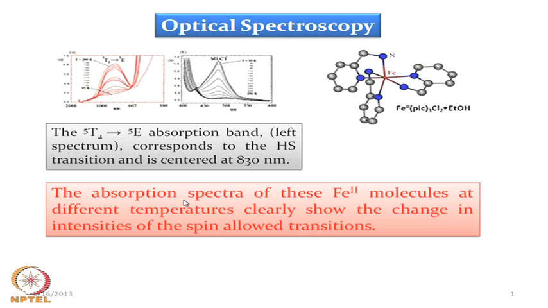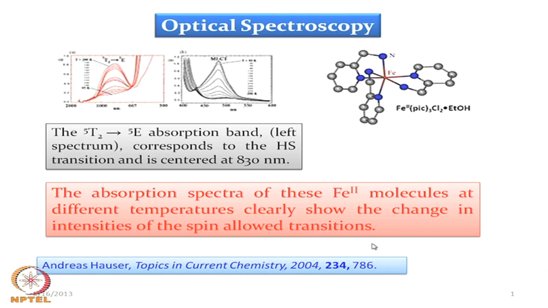That means in the high spin state, without any change in the spin state, this conversion can also take place. But if we have a change to the low spin compound, then the band position for the characteristic high spin signature will also be decreasing with the change in temperature. This particular work has been cited in a Topics in Current Chemistry paper from 2004.